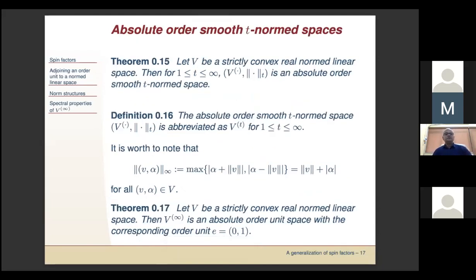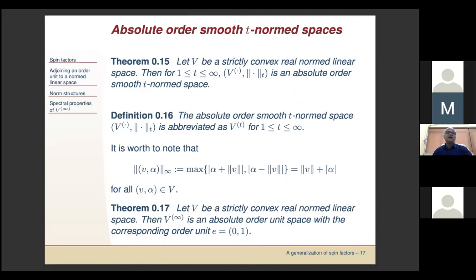Okay. So let me just state the result, because I don't have time to prove any one of them, that with this norm T, V dot becomes an absolute order smooth T norm space.